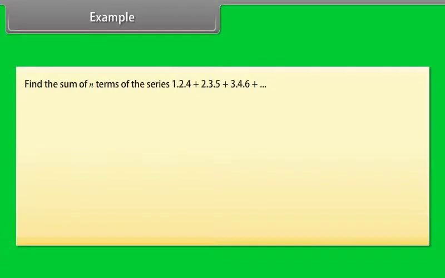Example. Find the sum of n terms of the series. Solution.